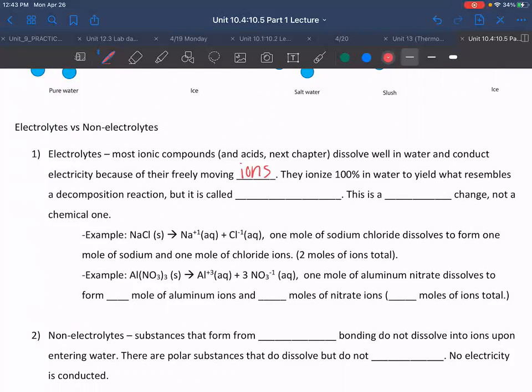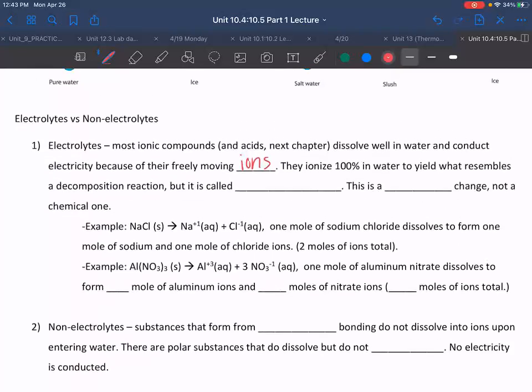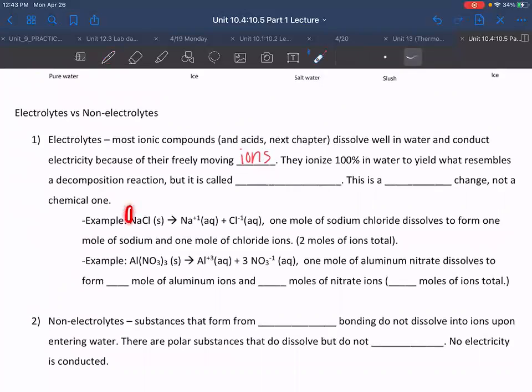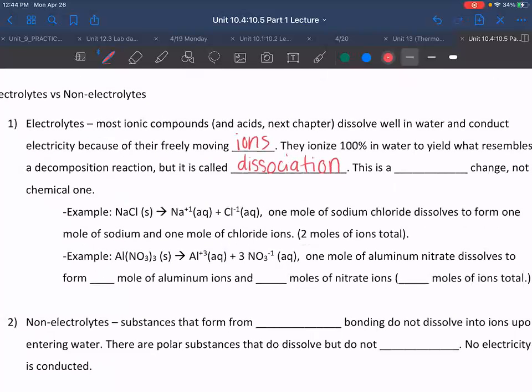And so it looks like a decomposition reaction in the sense where if you look at this example here, we have a one-sided arrow because all of the sodium chloride in this case will fully dissociate into its ions. We call this a dissociation. So we give it another special term. It's not decomposition, but actually dissociation when a solid ionic compound forms its ions.